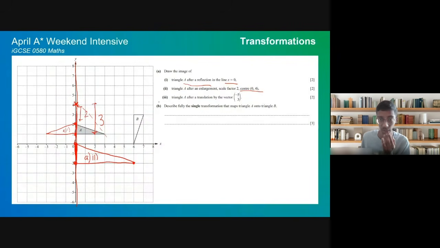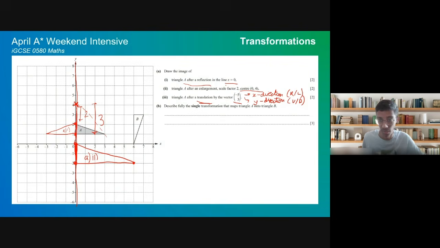And then the final part of this is to draw the triangle after a translation by the vector (-5, 3). So if we just break down the vector, -5 is in the x direction, so you're either moving right or left. And then 3 is in the y direction, so you're either moving up or down. So what does a negative mean? Are you moving right or left? Yeah, left.